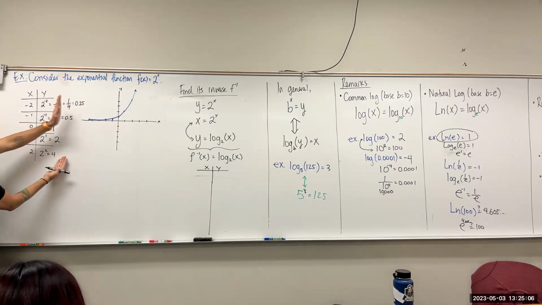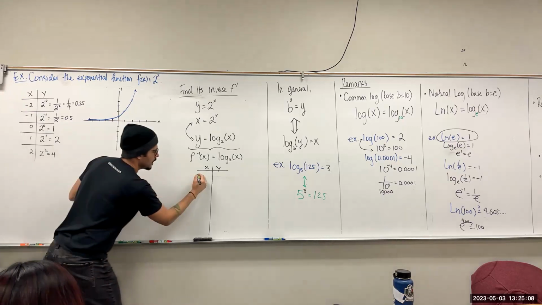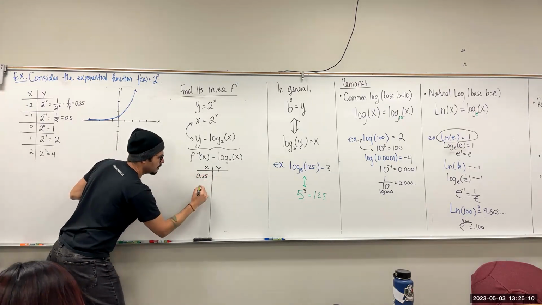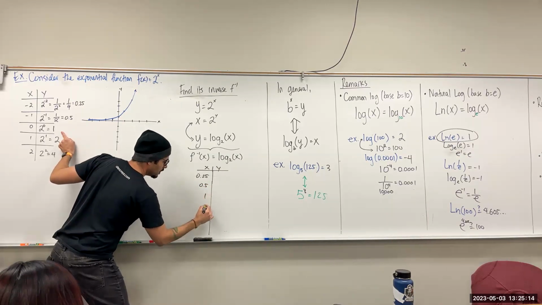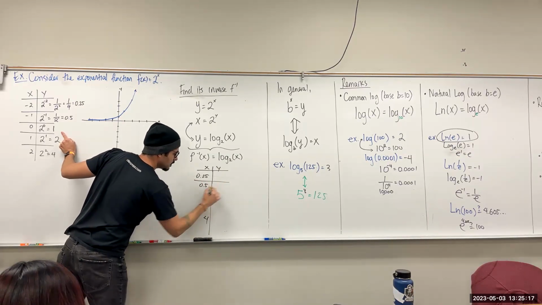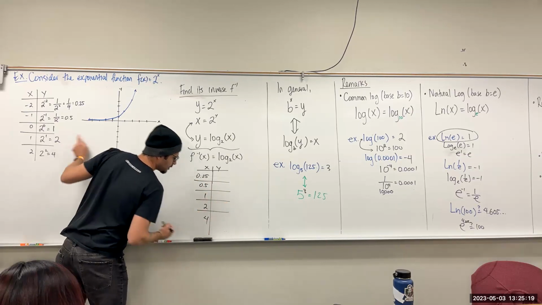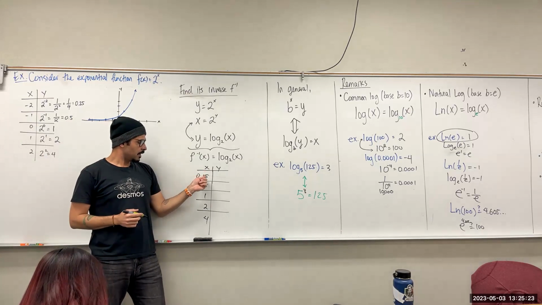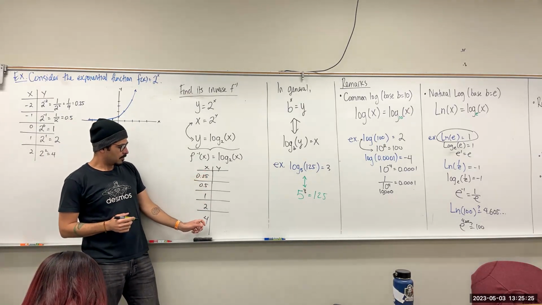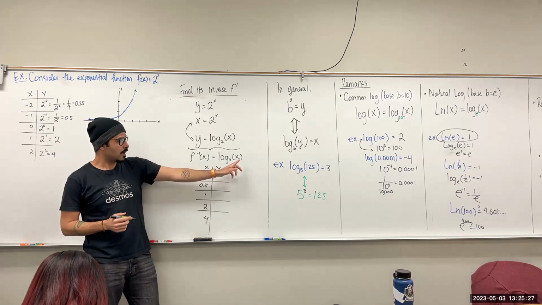So then if I swap the y's and I put 0.25, if I put 0.5, if I put 1, 2, and 4. Let's just double check. I'm gonna plug in, let's start with the 4. Plug in the 4 into the log function.